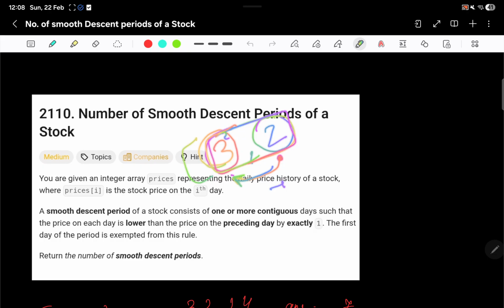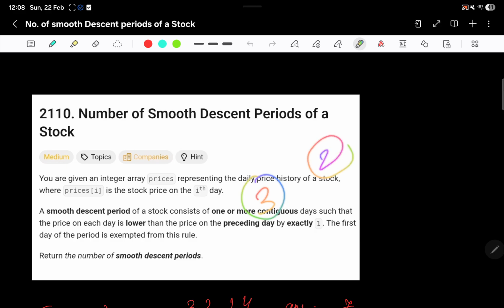So now how many smooth descent periods are here? 3 is 1, 2 is 1, and 3 2 is 1, so the answer will be 3, right? So you want to return the number of smooth descent periods. The first day of the period is exempted from this rule, so the first day is basically included in the answer, right?